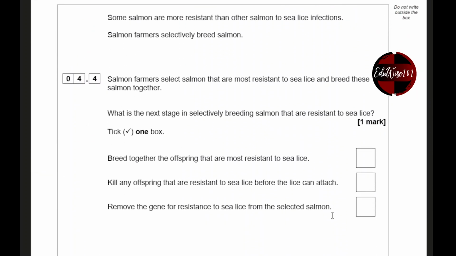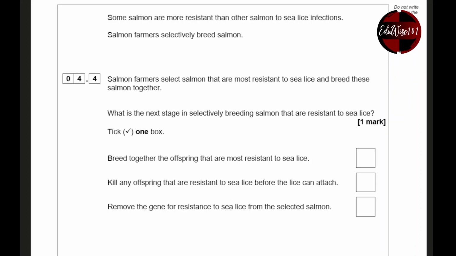Some salmon are more resistant than other salmon to sea lice infections. Salmon farmers selectively breed salmon. Salmon farmers select salmon that are more resistant to sea lice and breed these salmon together. What is the next stage in selective breeding?